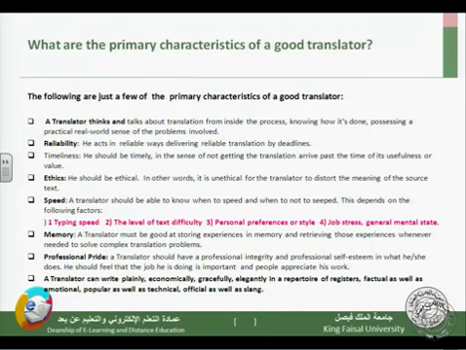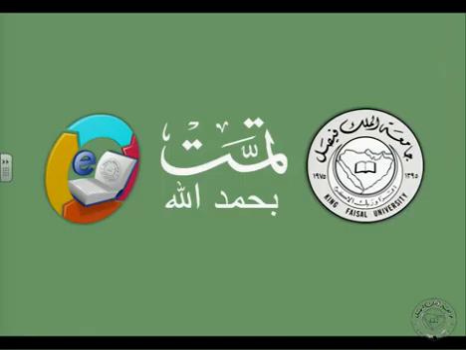A translator can write plainly, economically, gracefully, elegantly, in a repertoire of registers, factual as well as emotional, popular as well as technical, official as well as slang. This summarizes the characteristic of a good translator.